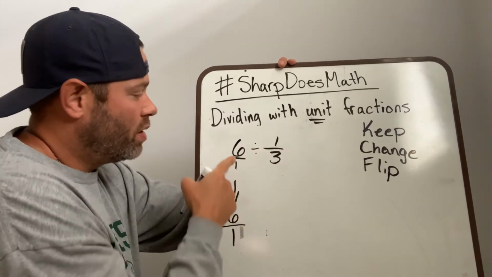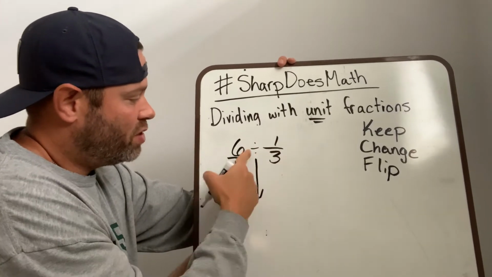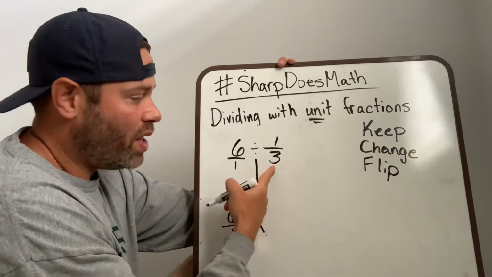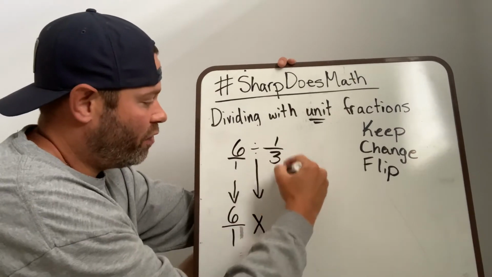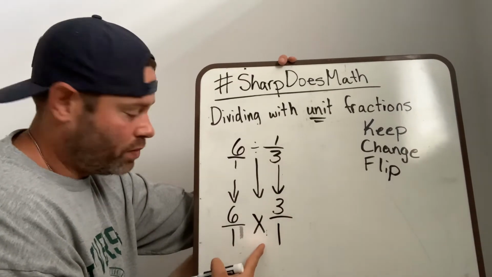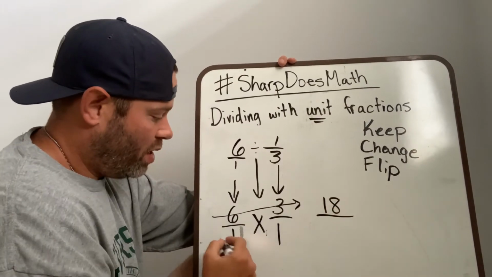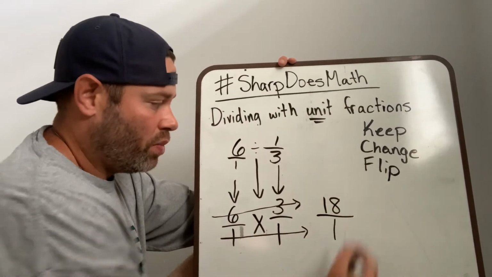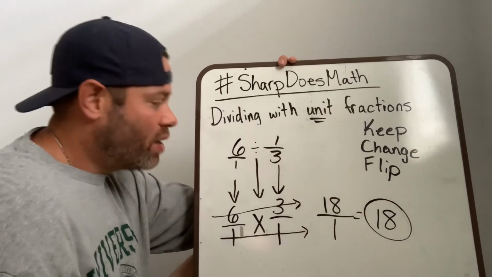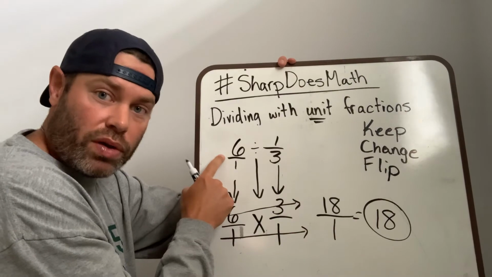We're doing division. So I'm keeping 6 over 1. We're going to change division to multiplication. So kept it, changed it, and now we're going to flip the 1/3. We're going to flip that to 3 over 1. And here's our new problem. Multiply the top, so 6 times 3 is 18. Then we'll multiply the bottom. We're going to simplify our answer, and it's 18, just like that.